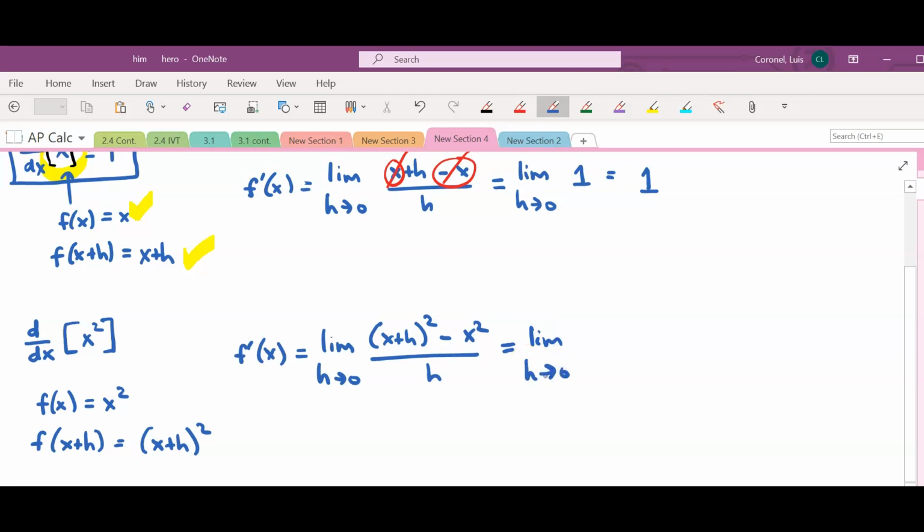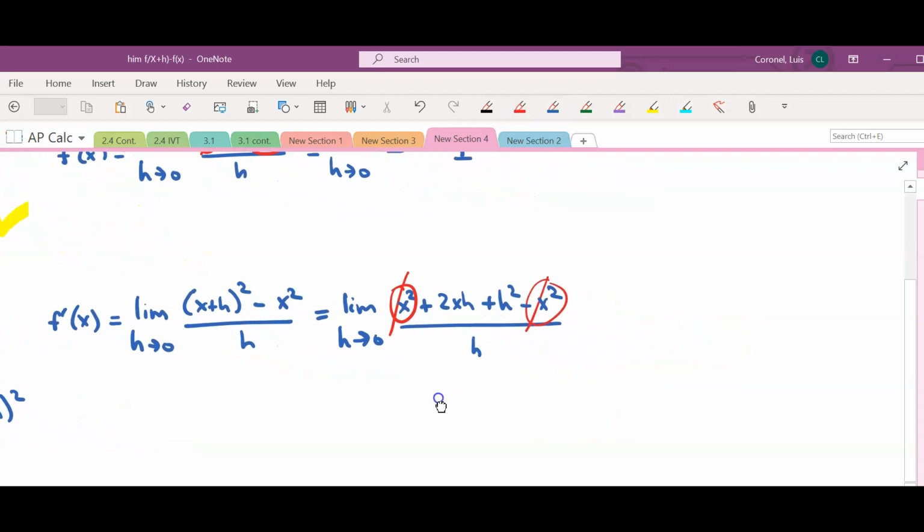If you expand x plus h to the power of 2, you're going to get x squared plus 2xh plus h squared minus x squared all over h. Can we cancel the x squareds? And you're left with 2xh plus h squared on the top.